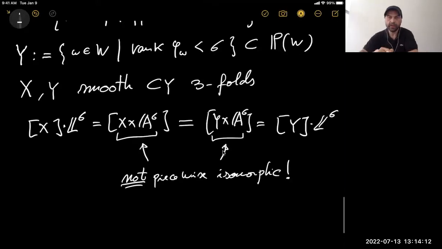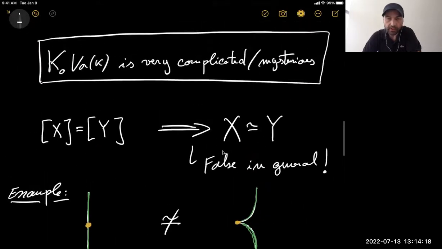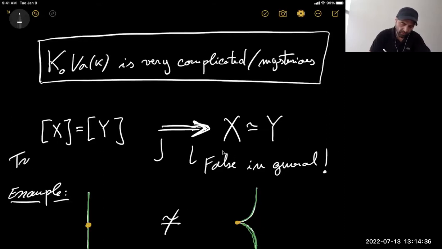So this tells you that in fact there are a lot of identifications occurring in the Grothendieck ring of varieties, and morally speaking, it tells you that this implication is false, and extremely false, let's say. So the point of today's talk is actually to say that this implication is also true in many cases.